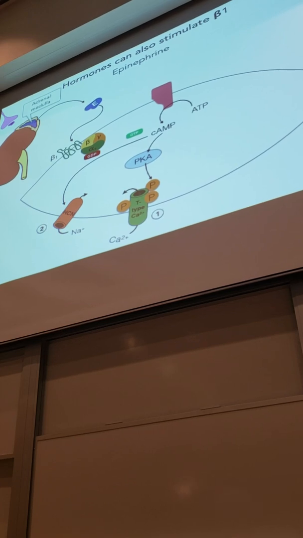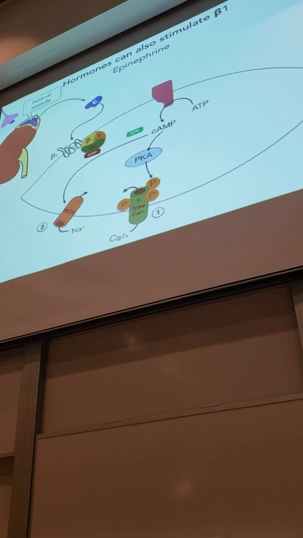Okay, so this G protein coupled receptor pathway we've learned can be stimulated by two different hormones. Why have two different signals? Different circumstances. Okay. The neuron is participating in reflexes. Epinephrine is there when we have a fight or flight response.